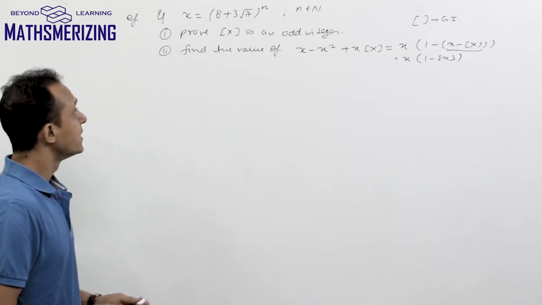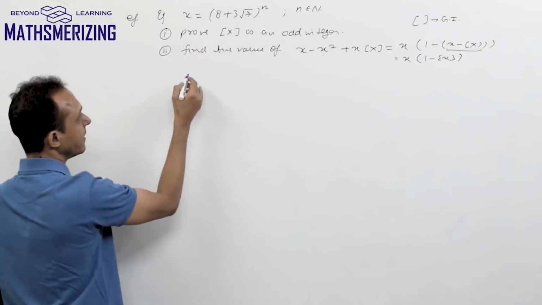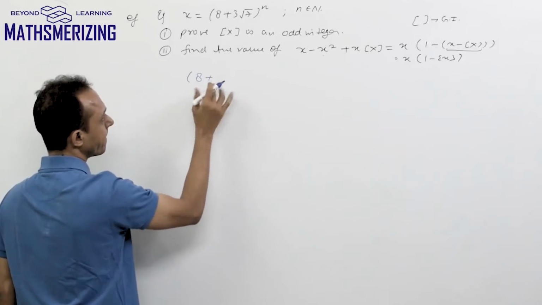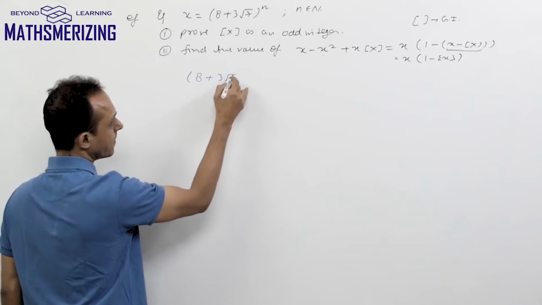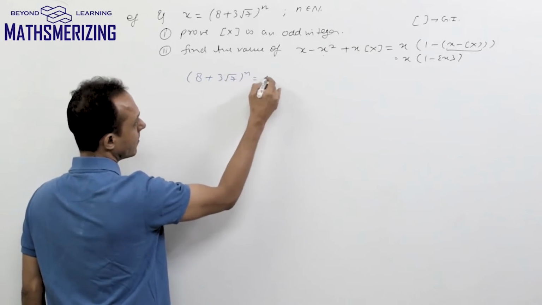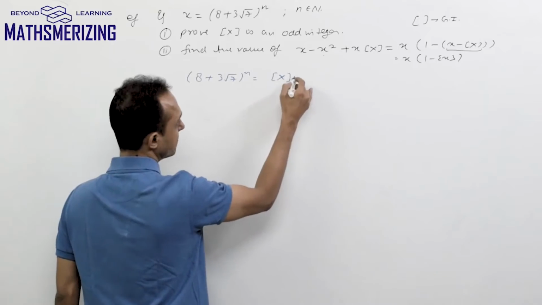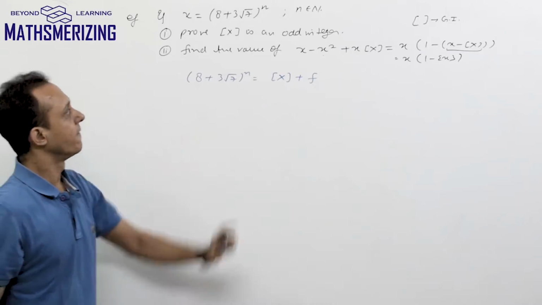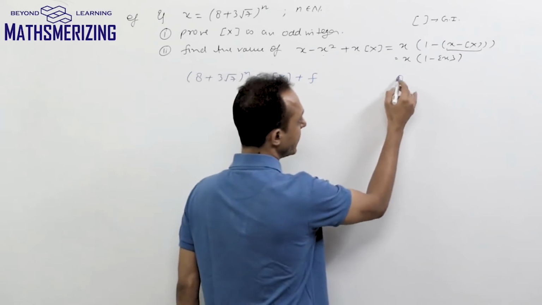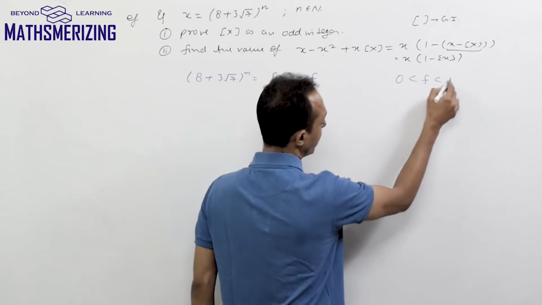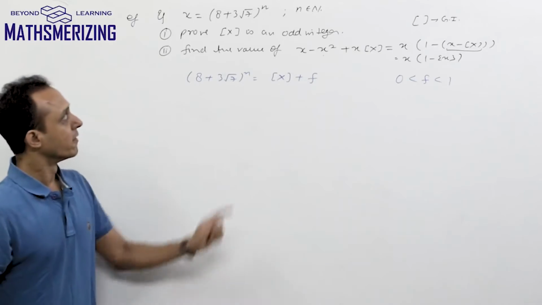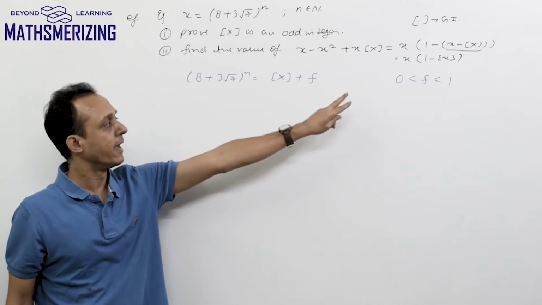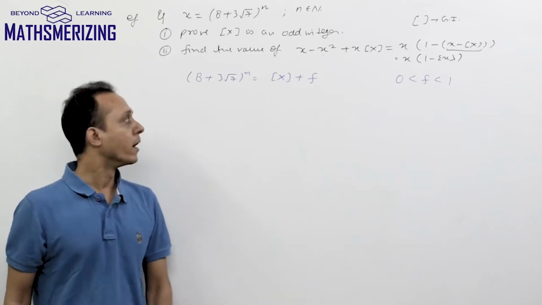So I'll write this 8 plus 3 root 7 to the power n as the greatest integer function of x plus the fractional part of x, and I'll write the fractional part of x as f. Now I know that the value of f will lie between 0 and 1 because it's not an integer, so it will always have some fractional part, which will be between 0 and 1.